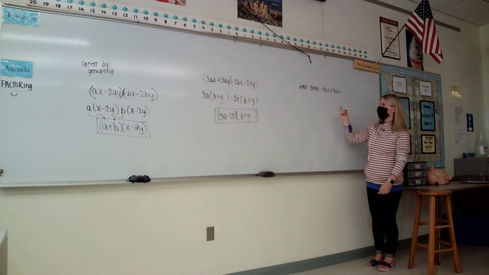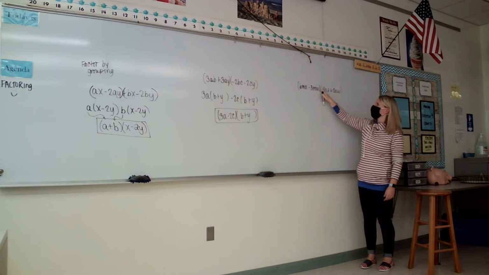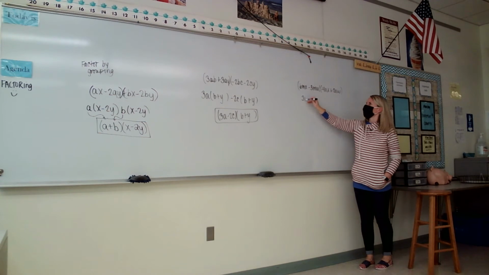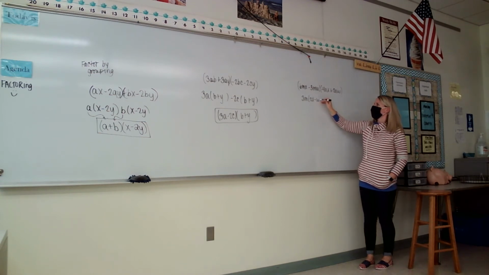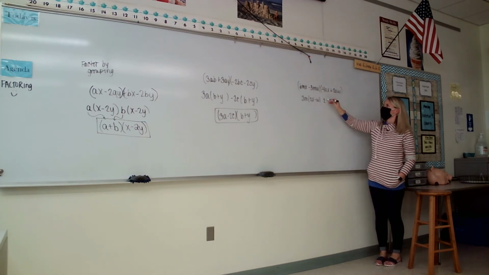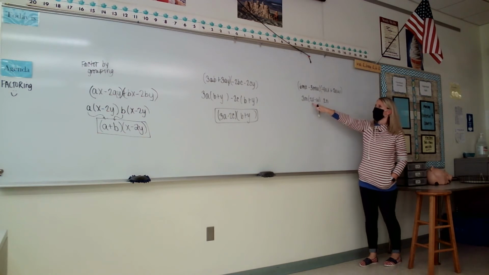So factor by grouping, 4 terms, make 2 groups. The GCF of the first group is 3m. I'll be left with 2x minus w. Over here, I noticed they're both divisible by 2, and they both have an n in common. What I noticed is my signs are opposite of what I need.